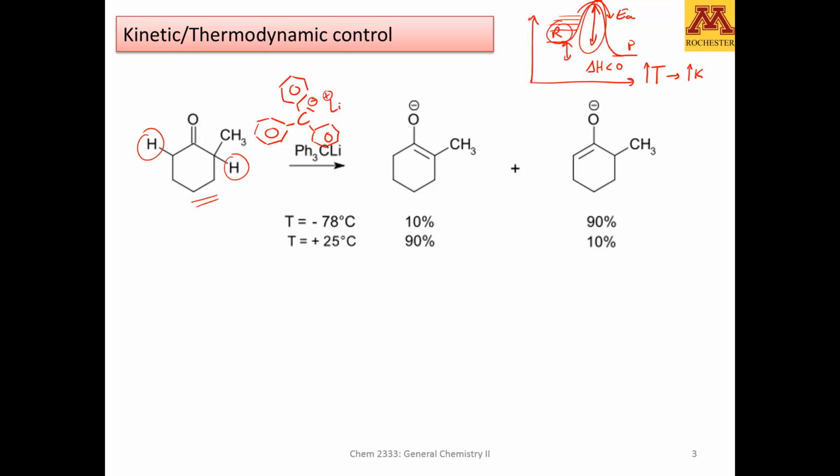Depending on what hydrogen it subtracts, if it subtracts this one, let's call it path A, it will lead to product A. If it subtracts path B, it will lead to product B. So in terms of reactants, what kind of energetic barriers do these two paths face?